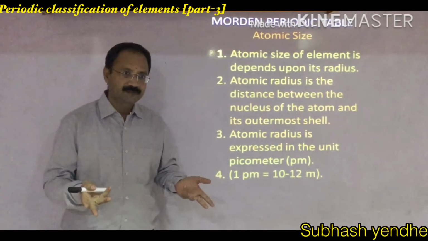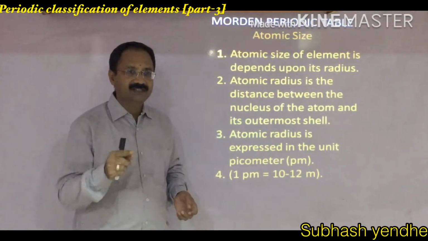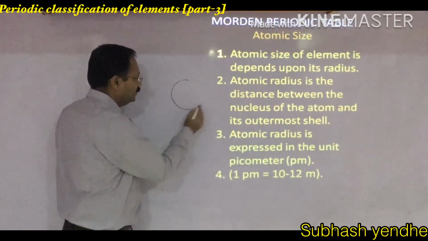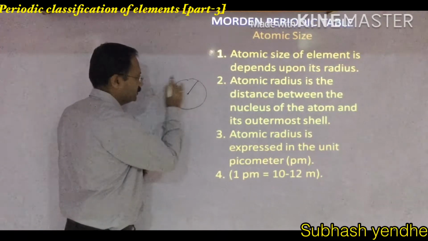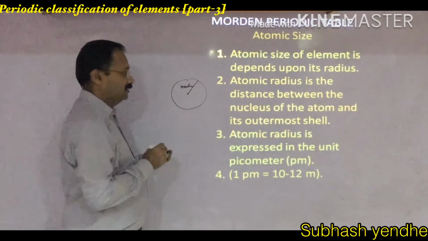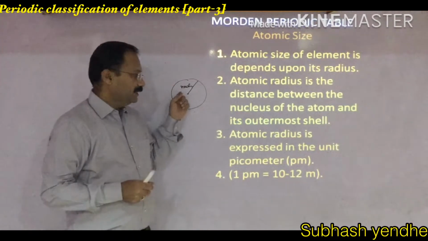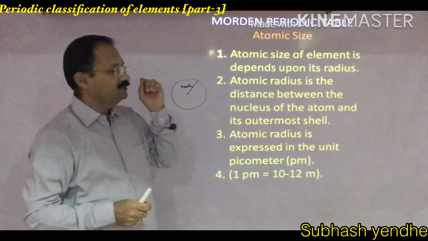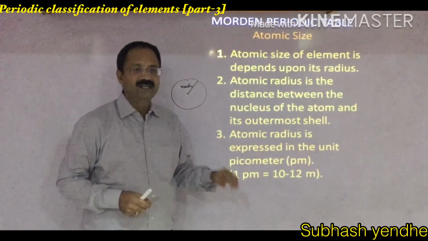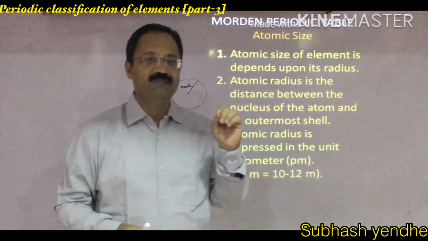Then what is radius? Radius is nothing but the distance between the nucleus and the outermost shell, and this is called the radius. And atomic radius is expressed in the unit picometer, and 1 picometer is equal to 10 raised to minus 12 meter.